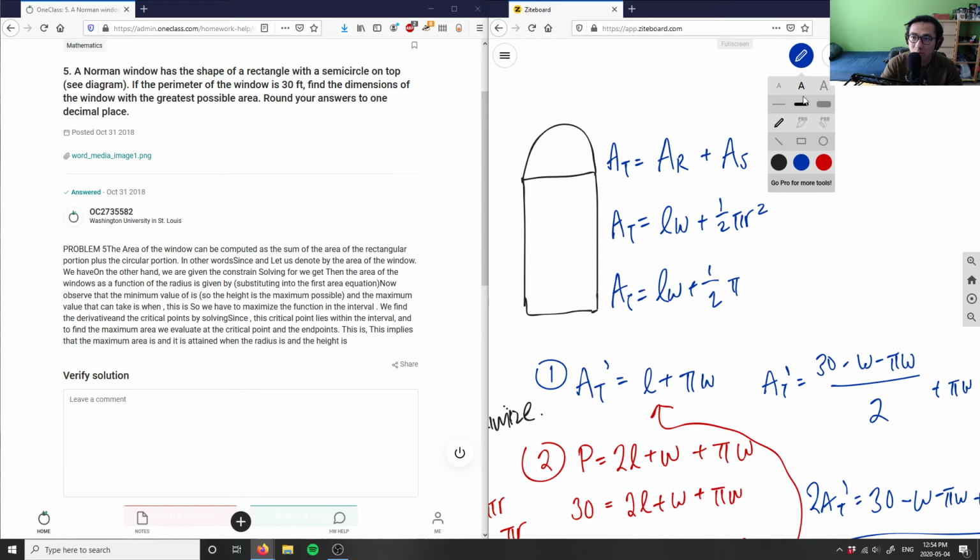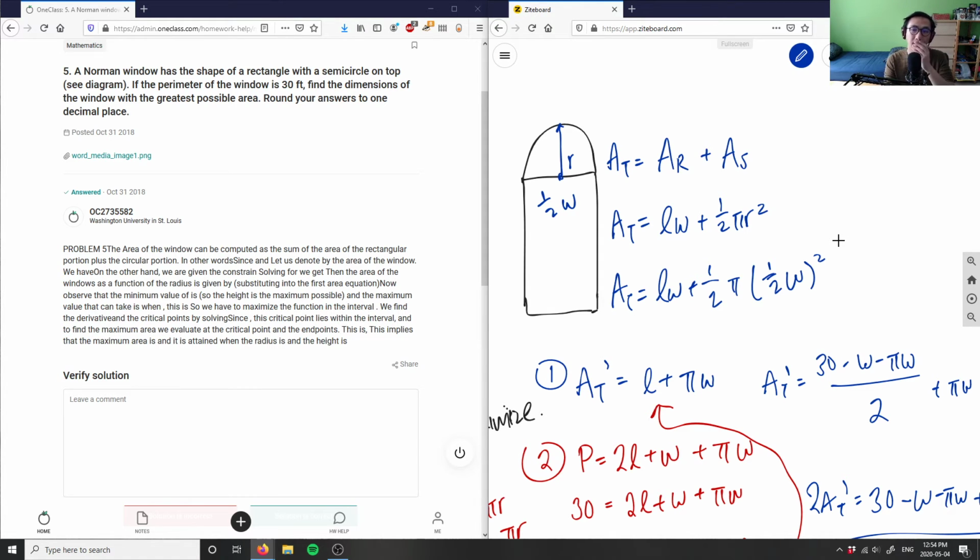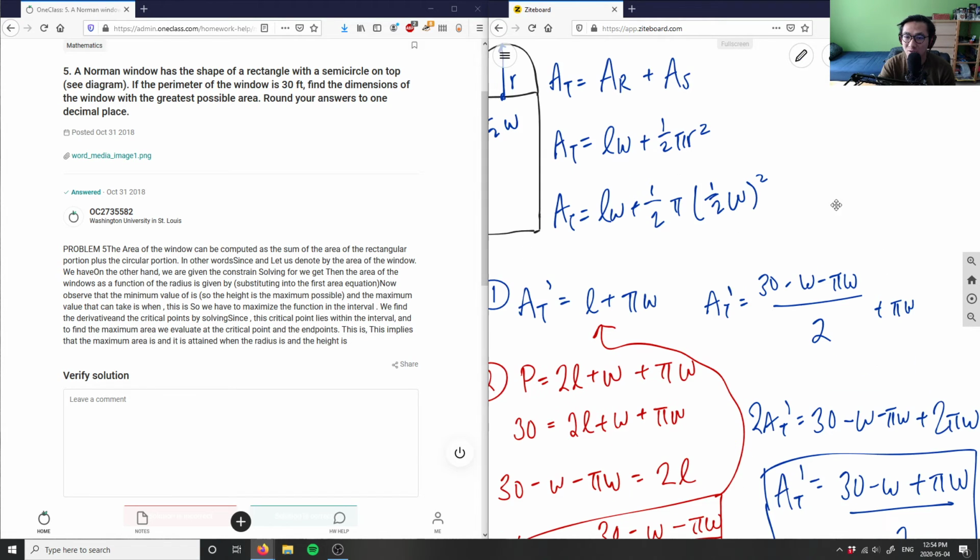The radius of the circle is from here to here, right? So this here is my r, which is half of my width. So I can say this is half of my width squared. This is a much better algebraic expression, which means unfortunately I did my derivative wrong.